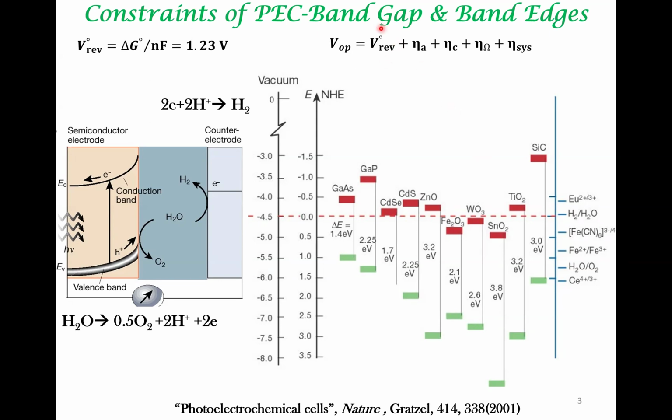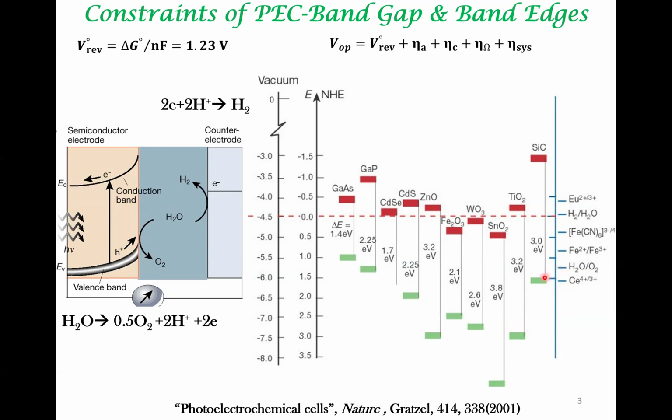Band gap is a dominant constraint. It should be above 1.6. And then the constraints on band edges with respect to redox level also have to be satisfied. If this level is much higher than the valence band edge, the driving force for electron transfer is much greater.